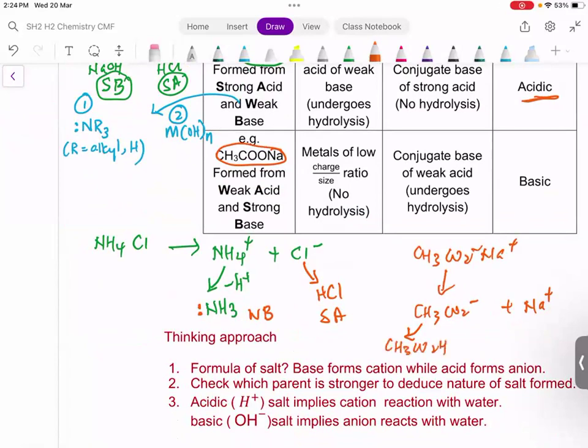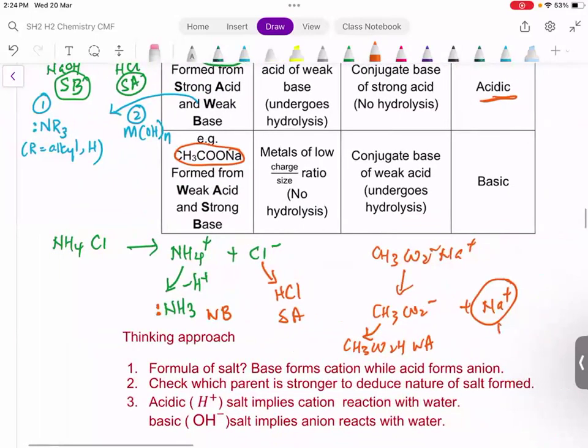Strong acid or weak acid? Weak acid. But Na+ must come from the base. So what is the base? Sodium hydroxide, which is a strong base. So strong base, weak acid, the salt they produce is basic in nature.